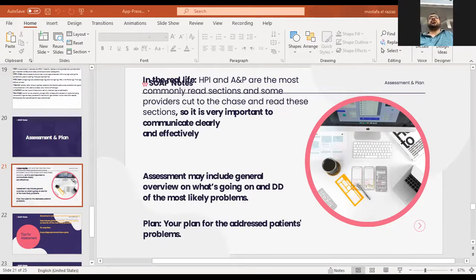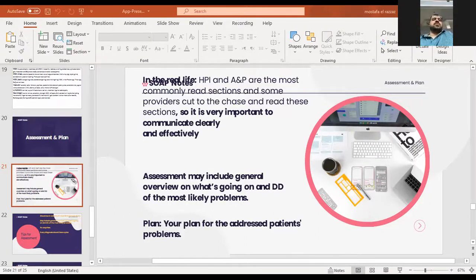So your SOAP note should always be focused on what your role is in the patient's care. And as you all clearly stated, it's a process where you need to update all these sections that you have covered very well.